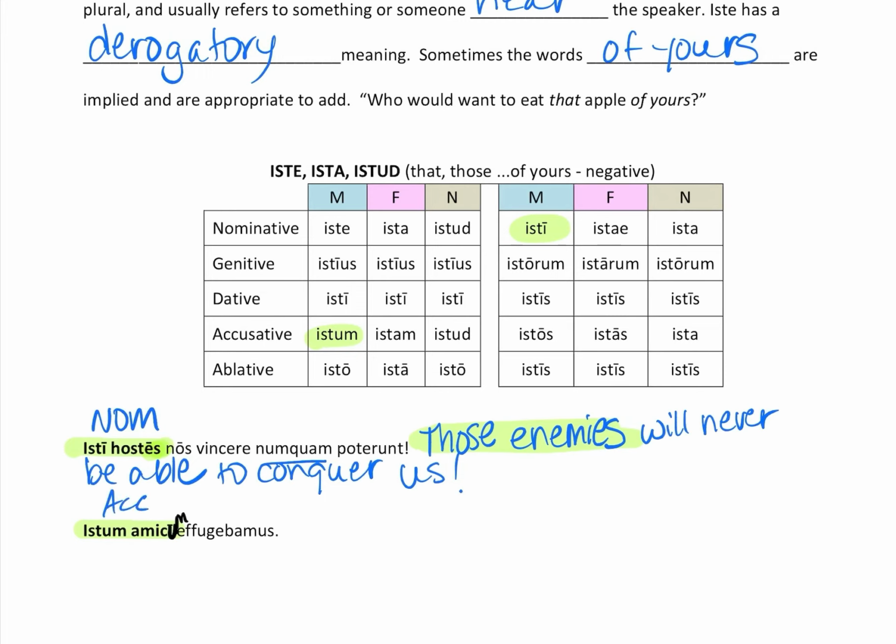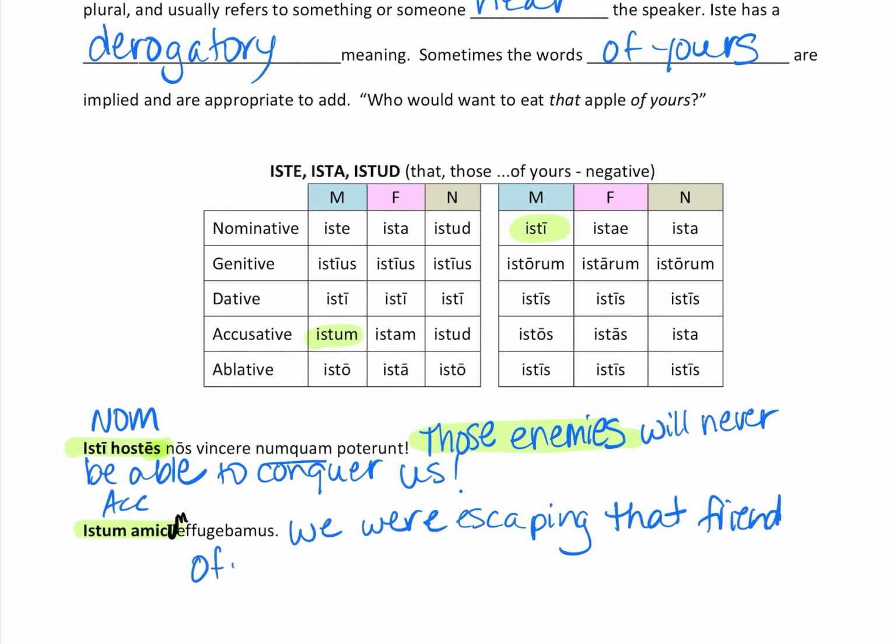So accusative effugibamus. We were escaping that friend of yours. Remember I told you sometimes we put that in, that friend of yours. We were escaping that friend of yours. Clearly I do not like, or we do not like that friend of yours. And so it's said in a derogatory manner.